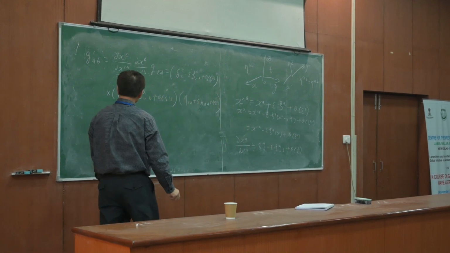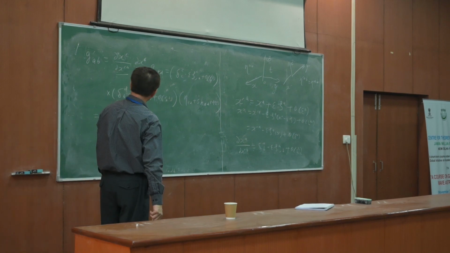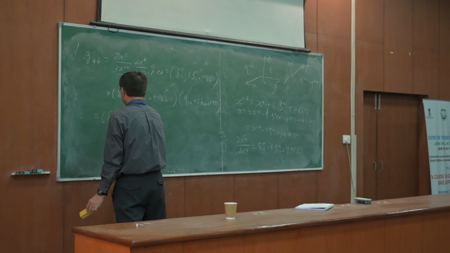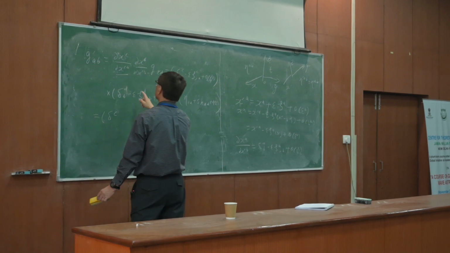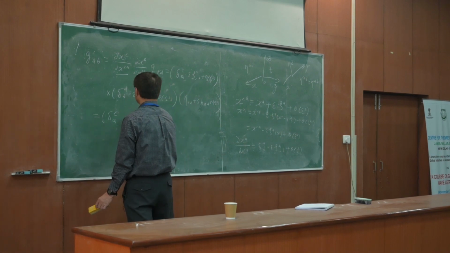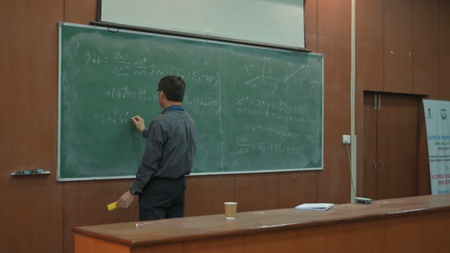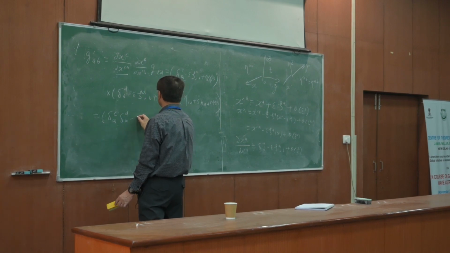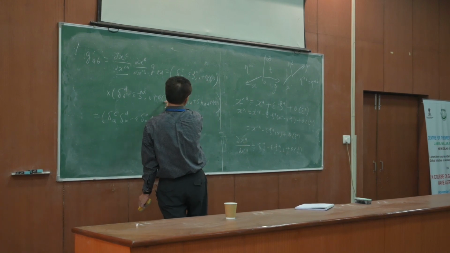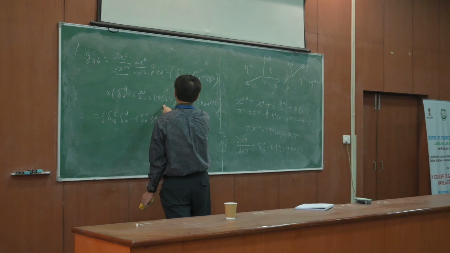Correct? So you can see this multiplied by this one, delta C A, now minus this epsilon delta C A, epsilon D B. This first order is zero, so okay.